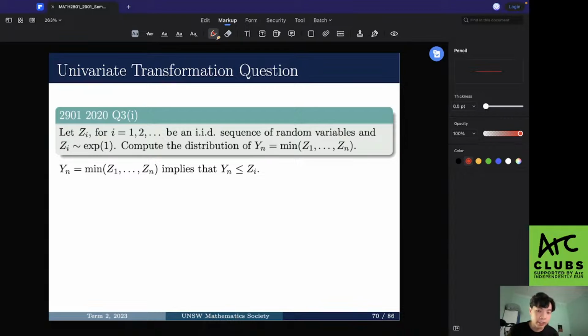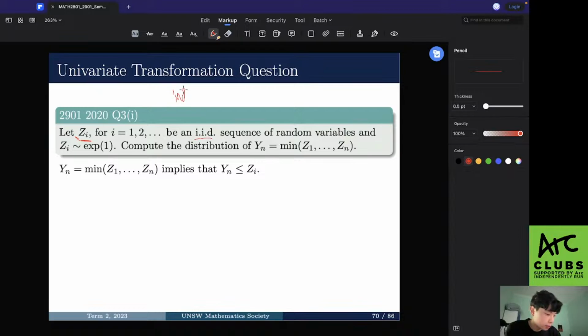And the reason we look at the capital F of x is because we can relate it to probability, and then we can work out some equations that let us finally get our distribution. So in this case, our question says we have zi, where i is the values from 1 all the way to n, where they are IID.